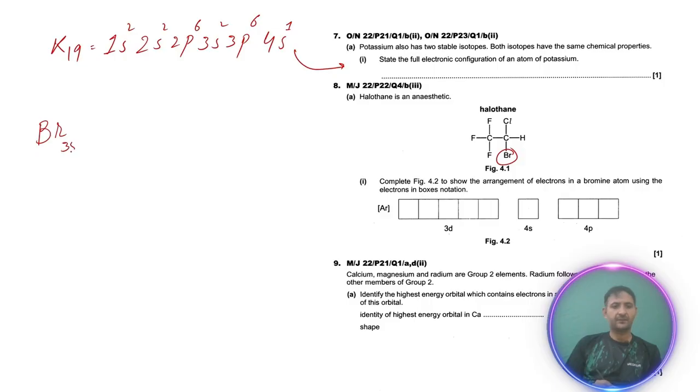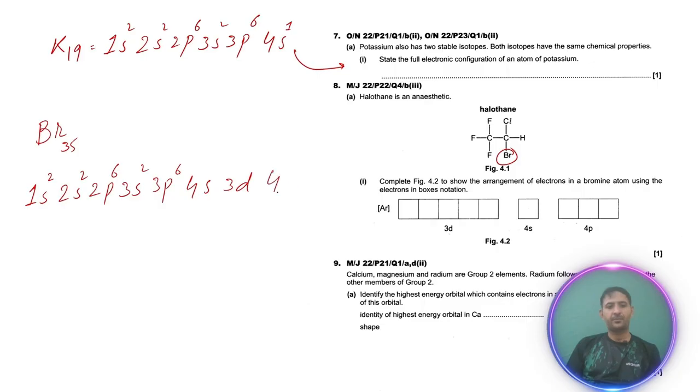It is 1s2, 2s2, 2p6, 3s2, and then 3p6. Once we have this, next 4s, and then we will have 3d, and then we will have 4p.